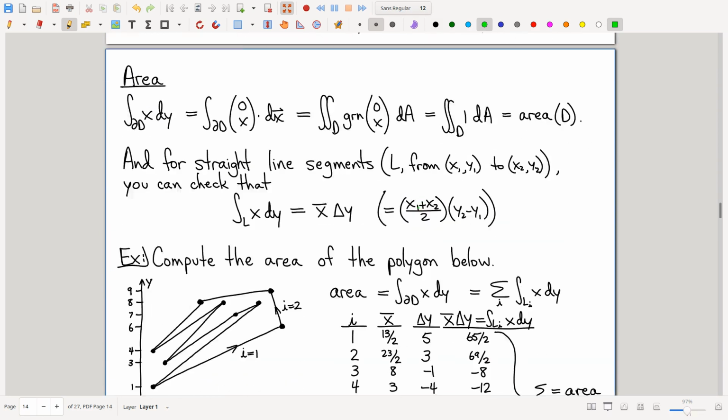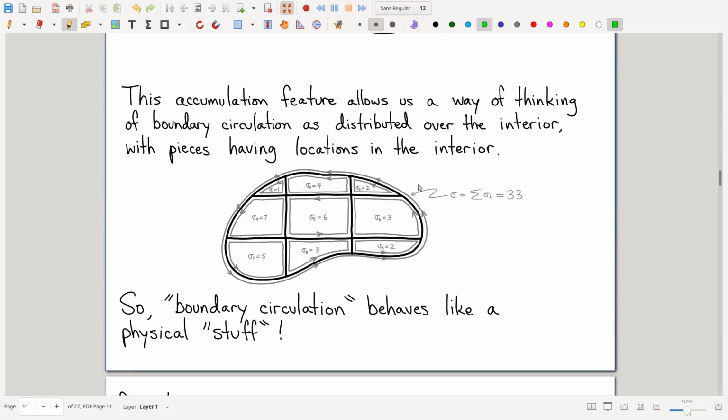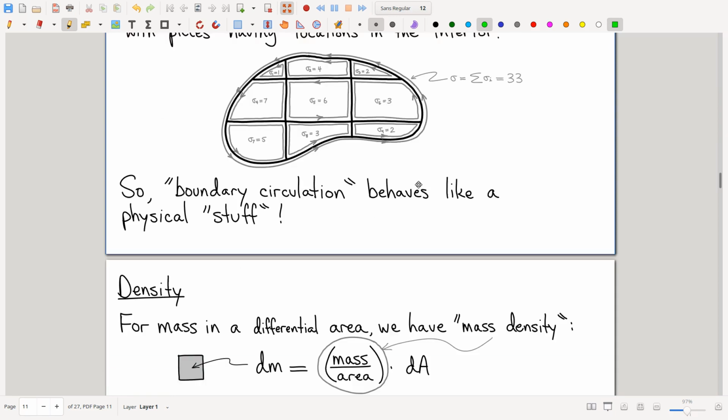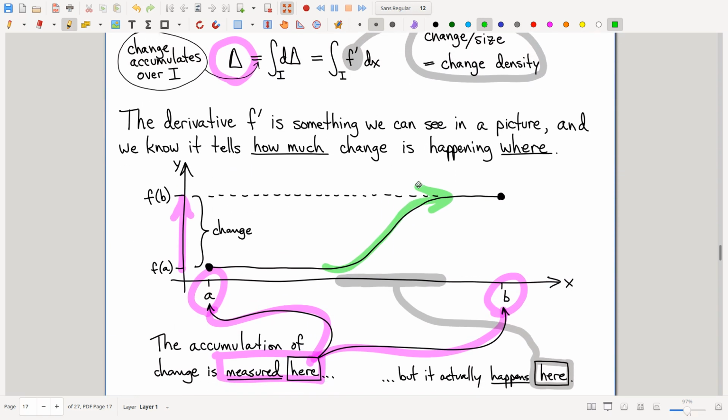Hopefully that might make it easier for you to choke down this idea that seemed so weird at the time, a couple of days ago, that this accumulating quantity that you compute on the boundary, you should think of this as happening in the interior as well. Right? Because this is just kind of a same story, different context, and you should be comfortable with that for reasons analogous to why you're comfortable with this.